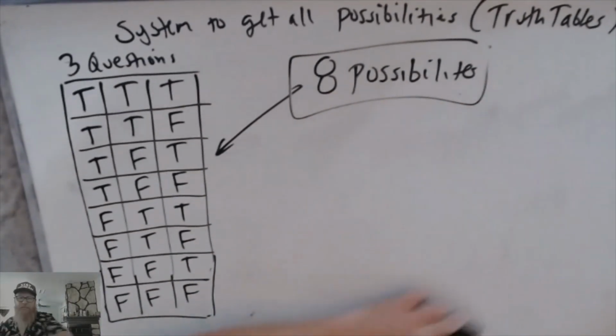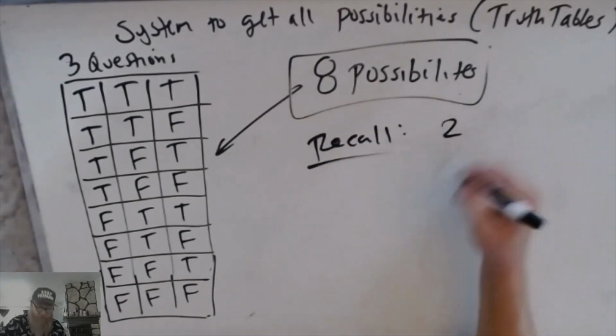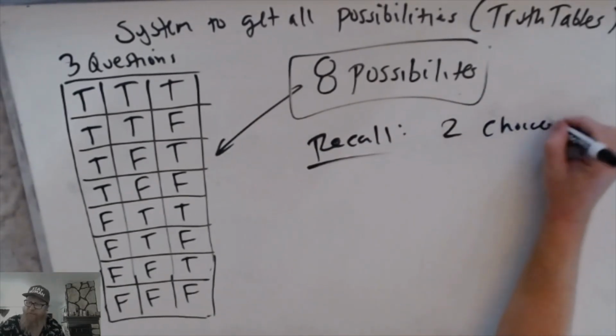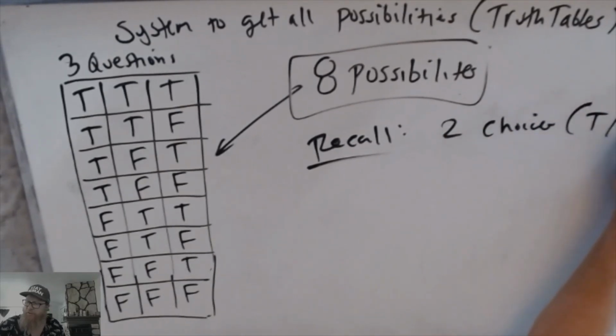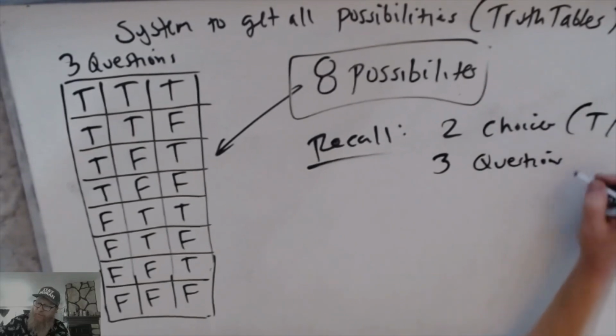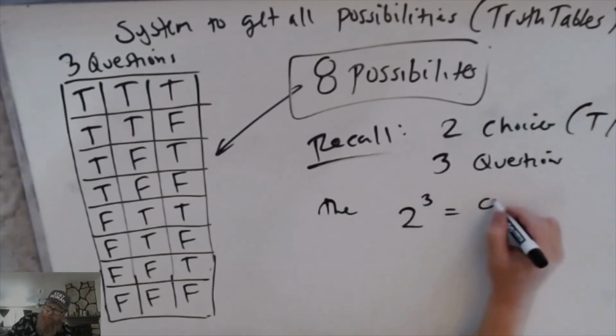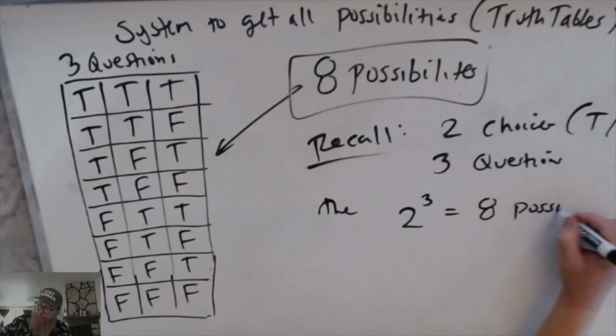In fact, you might recall, if there's 2 choices, true or false, and there's 3 questions, then 2 to the 3rd power is 8 possibilities.